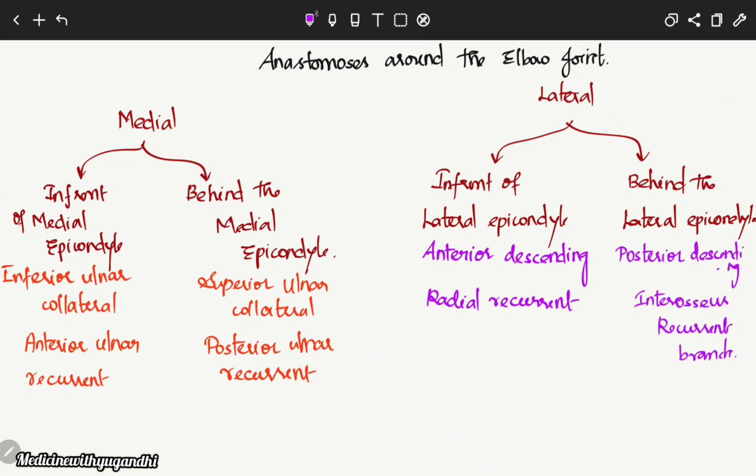And on the lateral side, behind the lateral epicondyle, it is the posterior descending branch of the profunda brachii artery and the interosseous recurrent branch of posterior interosseous artery taking part in anastomosis around the elbow joint.